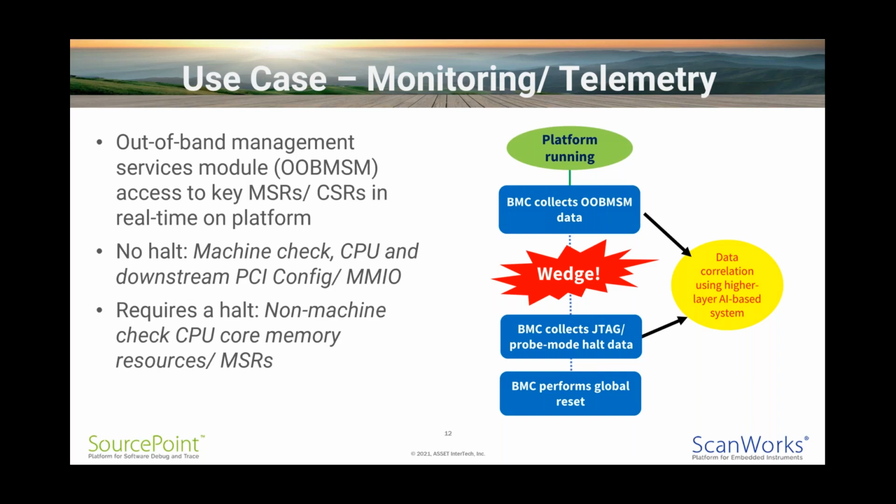You can extract machine check, CPU, and downstream PCI configuration space via MMIO, reading those registers in the background as part of telemetry services. Then, when there's an event, you halt the platform using full run control to get all the rest of the data that you'd like to get out.